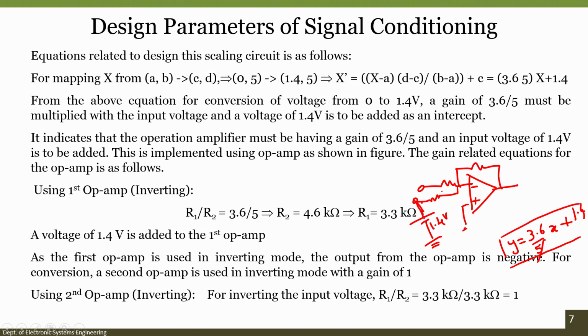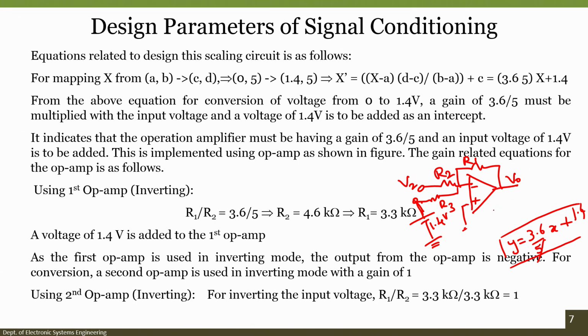This input here, and this is the other voltage source we have. This becomes your resistors R1, R2 and R3. So, this is the output voltage. I am just trying to implement this mathematical equation using this circuit here. Let me explain how it works.